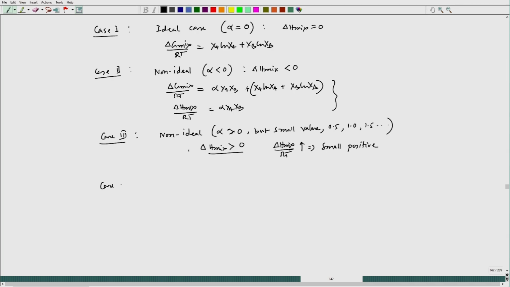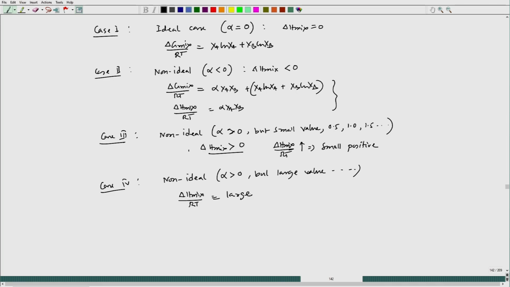Now case 4, non-ideal, alpha greater than 0, but a large value. We will see what large value it can have, when the delta H mix by R T quantity would also be large.